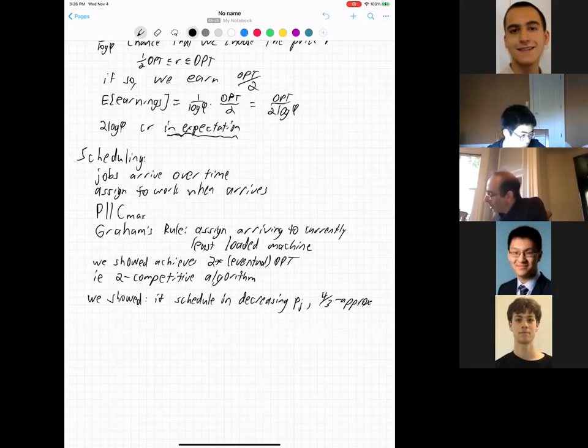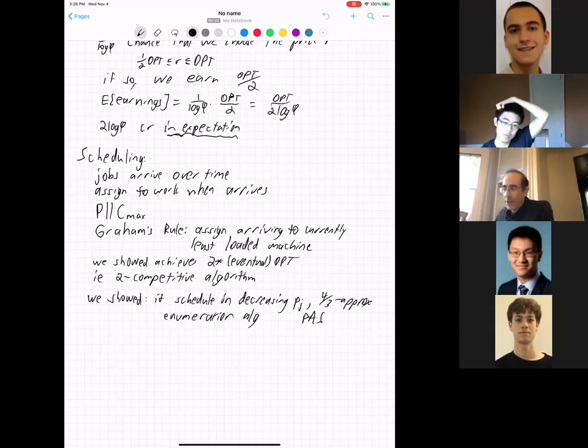And we also showed an enumeration-based algorithm that gives a polynomial approximation scheme, right? So can we lift these ideas and get a 1+epsilon competitive ratio for online scheduling?